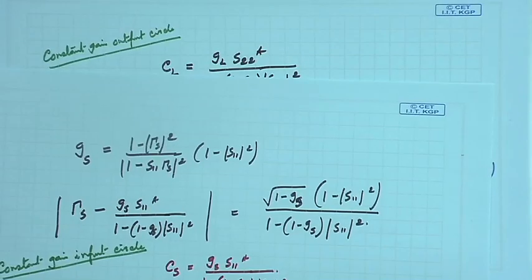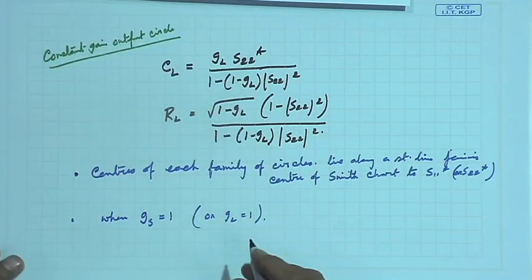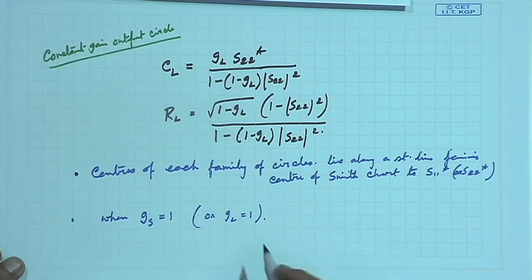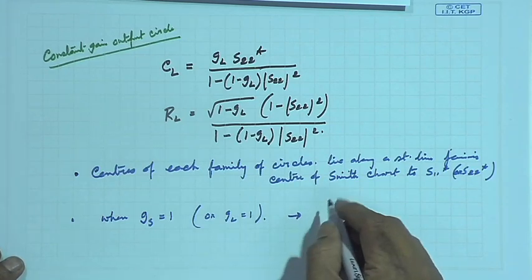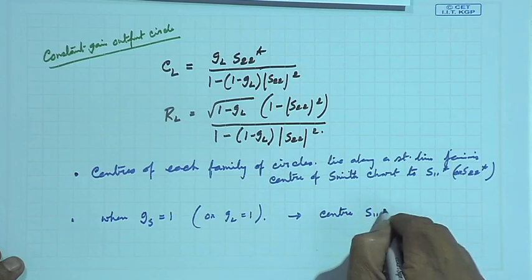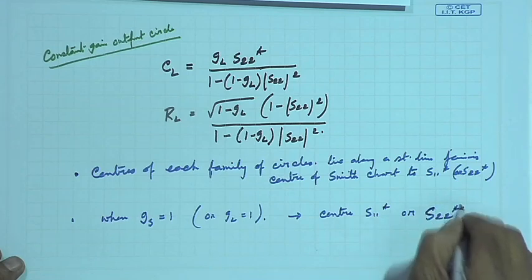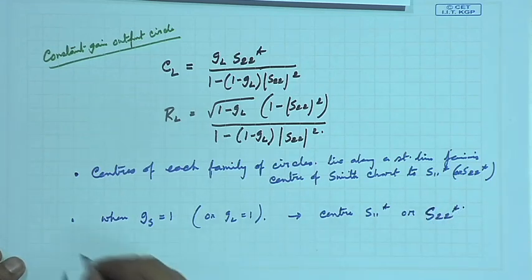If Gs is equal to 1, then Cs becomes simply S11 star, and this center becomes S22 star. So, then the center simply is S11 star or S22 star, as the case may be.